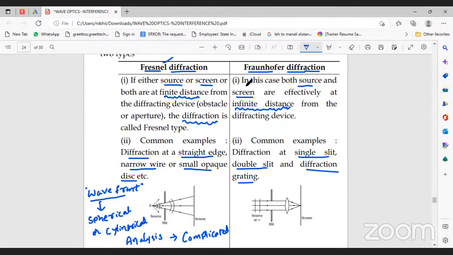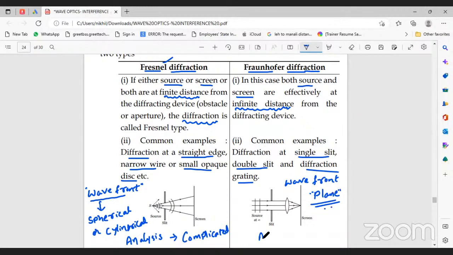In the case of Fraunhofer diffraction, the source and the screen are placed at infinite distance, and the wavefront obtained is a plane wavefront.